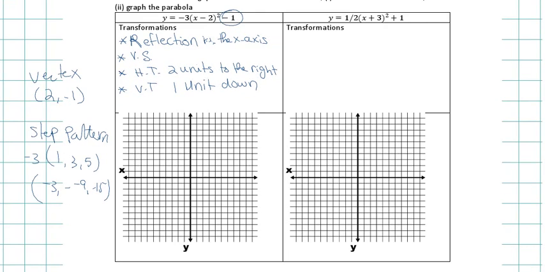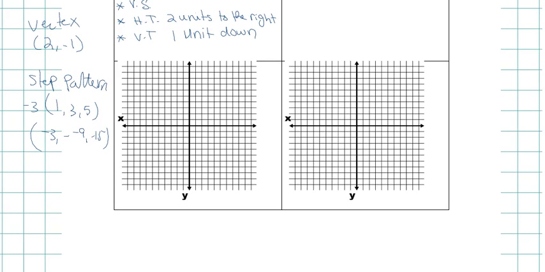So let's look at the vertex first, which is at 2 and -1. So it's going to be right here. So that's -1.